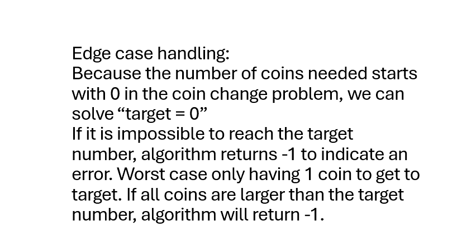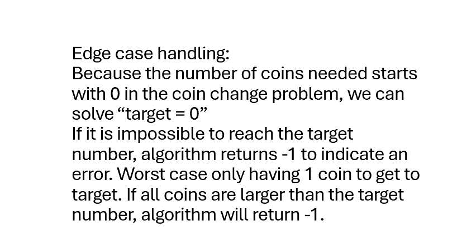So edge cases are different cases that we need to talk about, like worst cases. For example, the first edge case I have here is that if the target is 0, it can handle that. It knows that if the target is 0, the answer is just going to be 0. If it's impossible, the algorithm will return -1 and give us an error message.